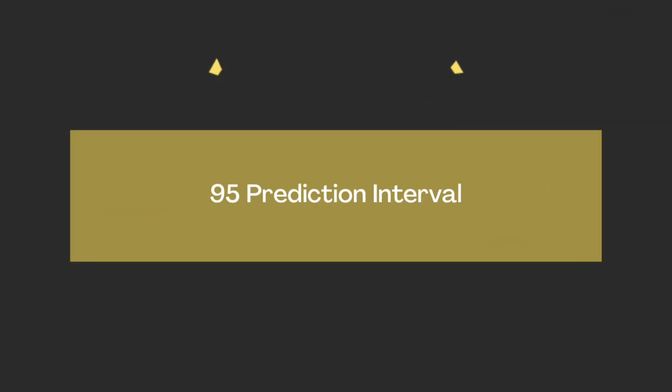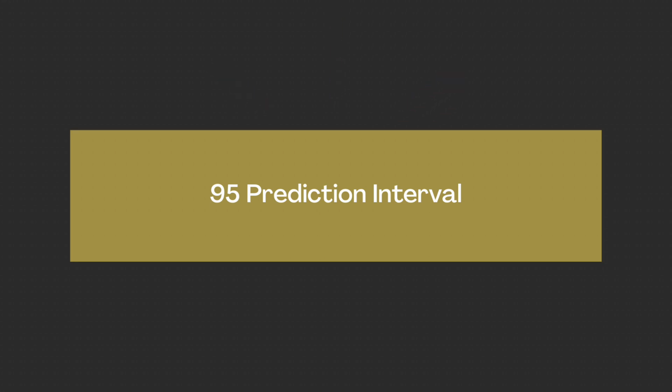95% prediction interval. There is a 95% chance that a future observation will fall within the prediction interval if we collect a sample of observations and measure a 95% prediction interval based on that sample. On the other hand, there is a 5% chance that the next observation will not be contained within the interval.